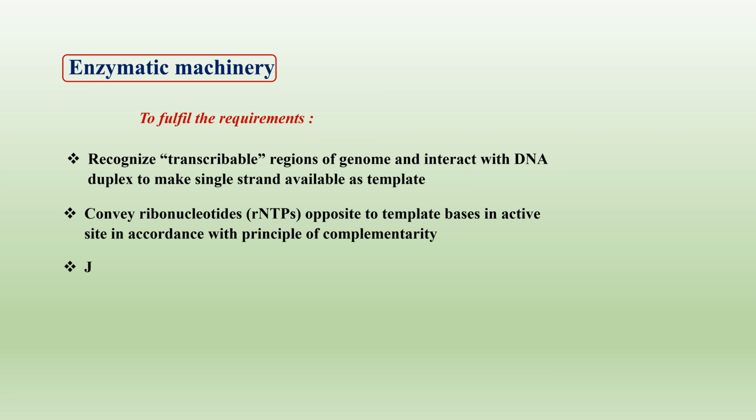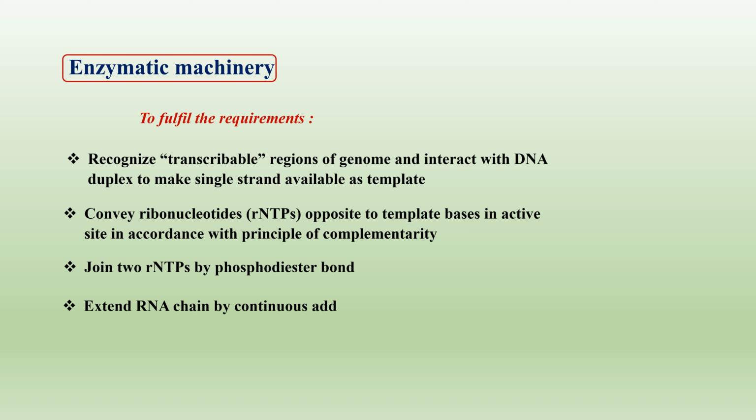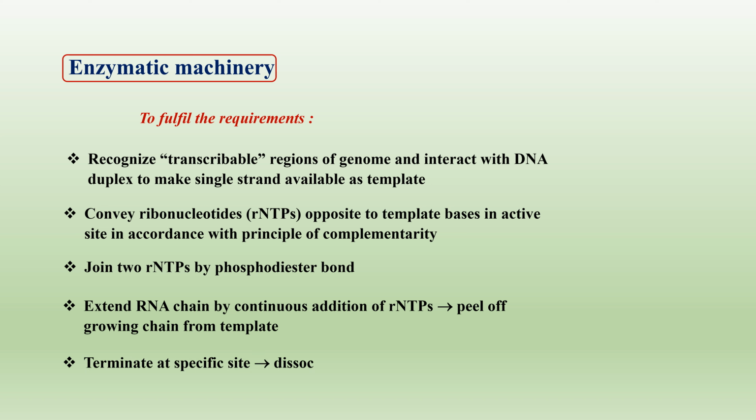Third, join two RNTPs by phosphodiester bond. Fourth, extend the RNA chain by continuous addition of RNTPs and then peel off the growing chain from the template. And finally, terminate at a specific site, that is, dissociate from the DNA.